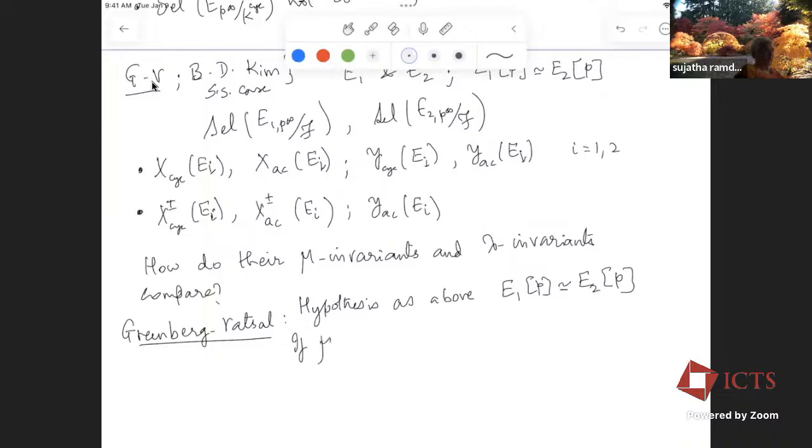Then if mu of X cyclotomic E1 is 0, then mu of X cyclotomic of E2 is 0. So if the mu invariant of one of them vanishes, then the other vanishes as well. And they also gave an explicit formula for comparing the lambda invariants.